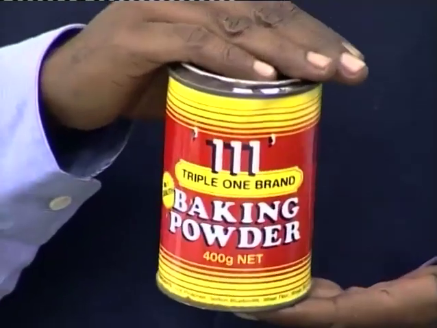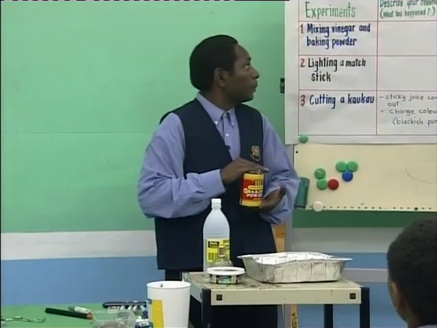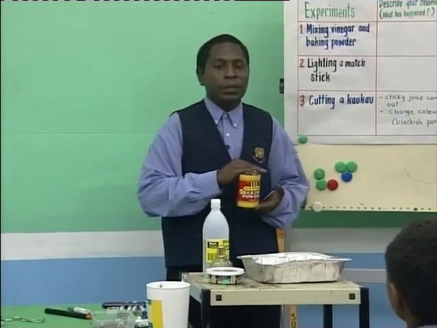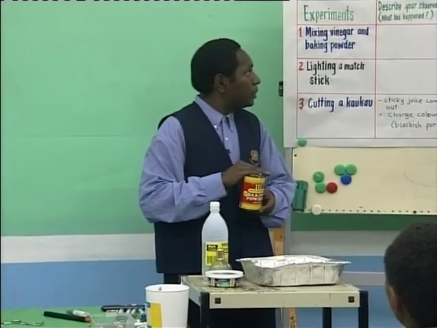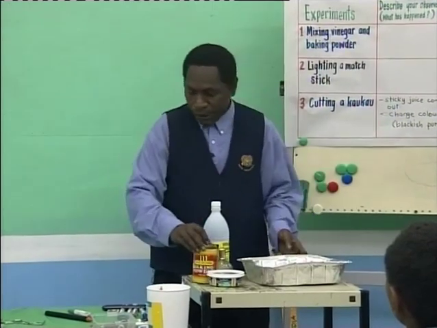So we will use white vinegar and baking powder for the first experiment. Now I would like you to describe your observations very carefully. With that, we will also be using a glass jar.